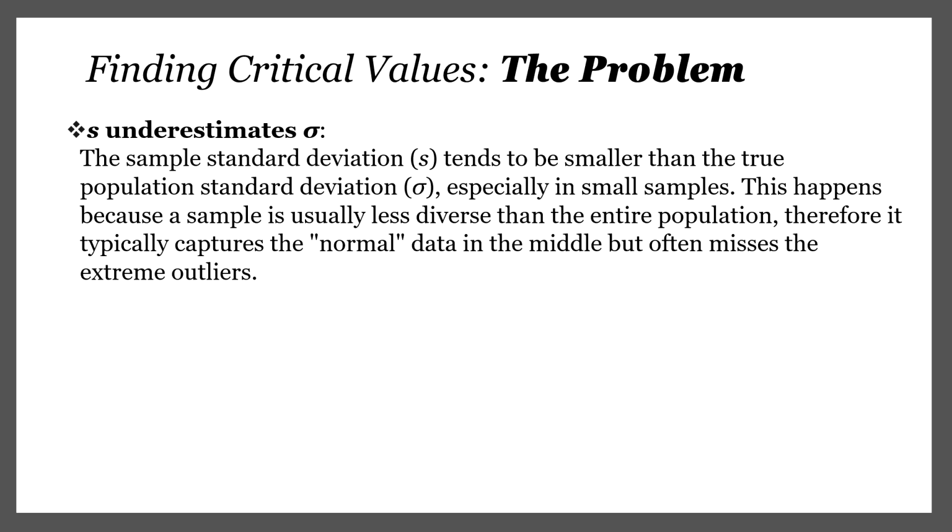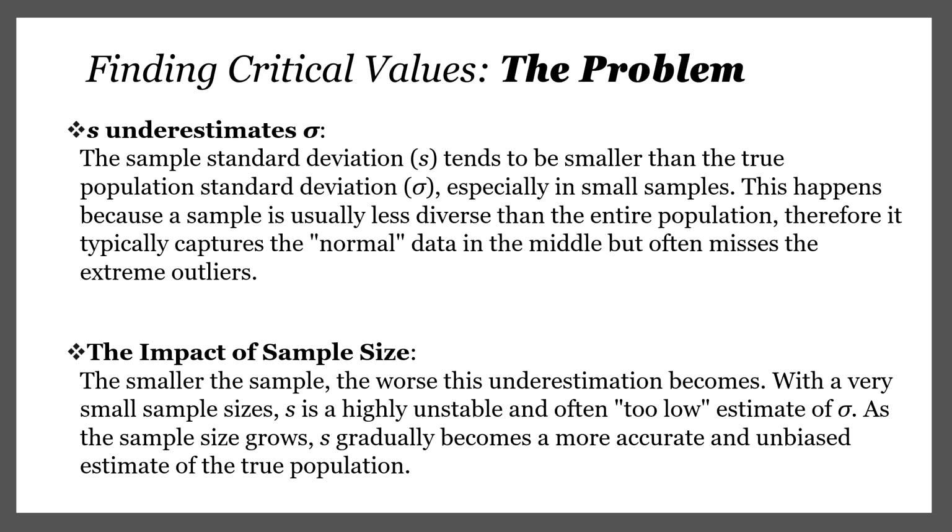When we're estimating the population standard deviation using the standard deviation of our sample, we are typically going to underestimate sigma. The reason is that the population is typically more diverse than the sample. The population typically contains more extreme scores than our little sample. So most of the time, S is going to underestimate sigma.